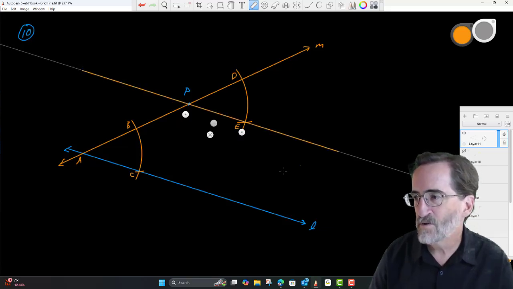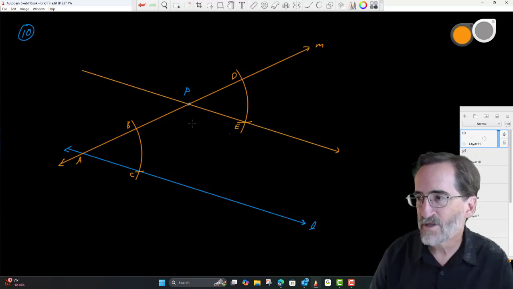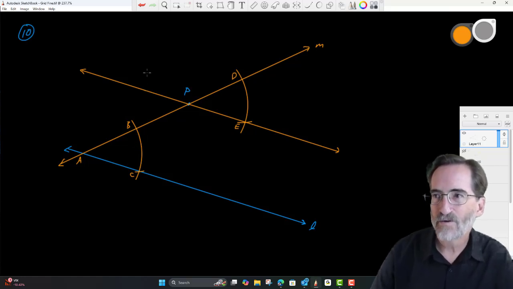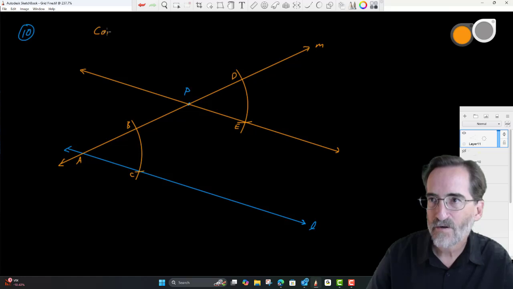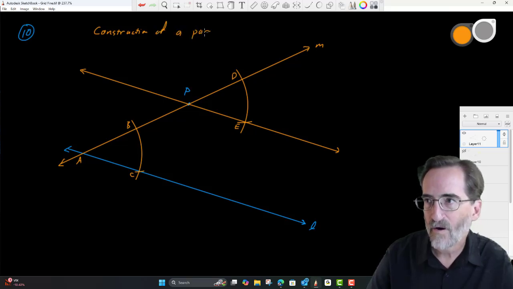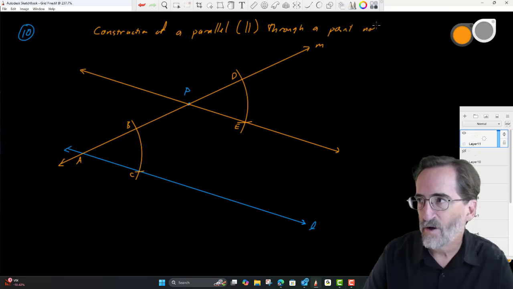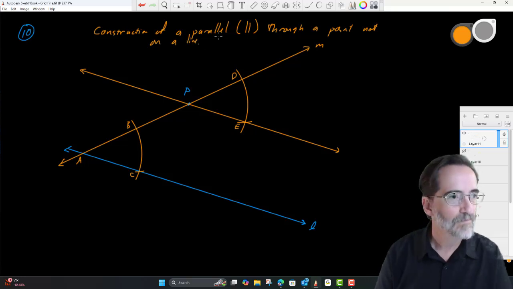I've produced two lines that go side by side in the same direction, never intersecting, always remaining the same distance apart. So this is the construction of a parallel, that's the symbol parallel, through a point not on a line.